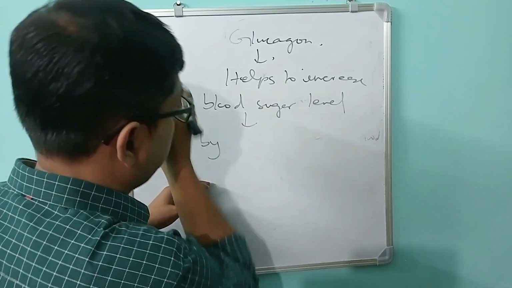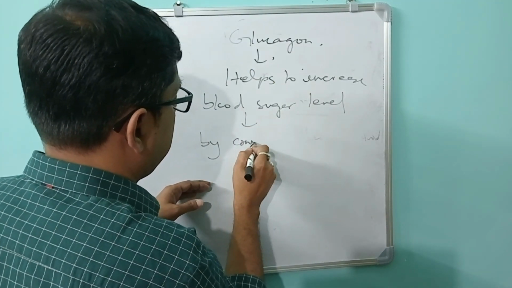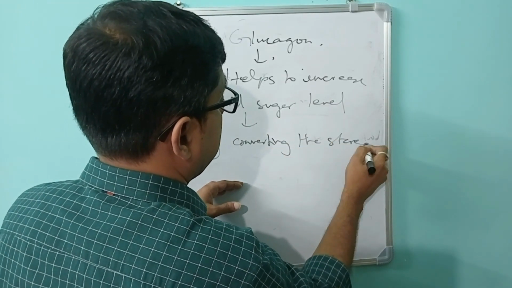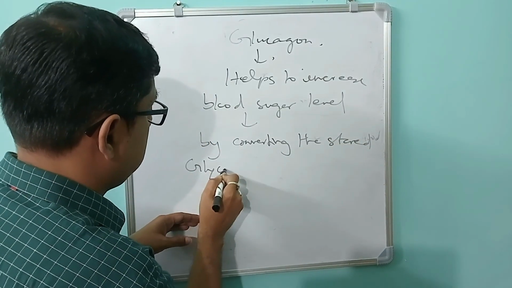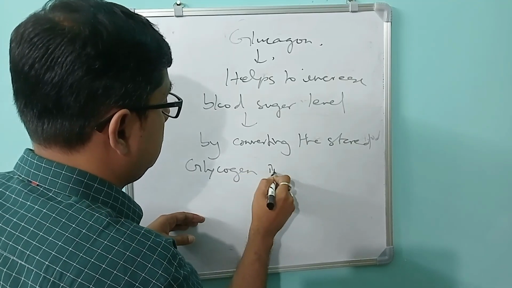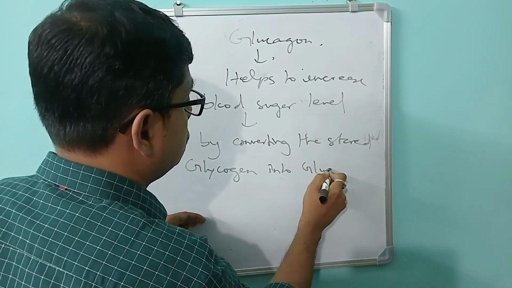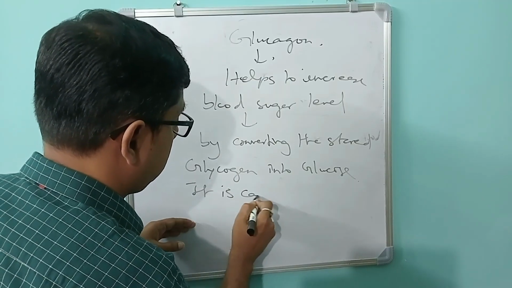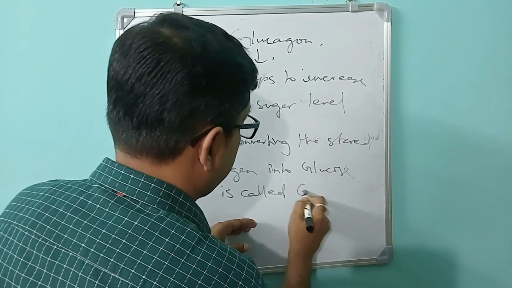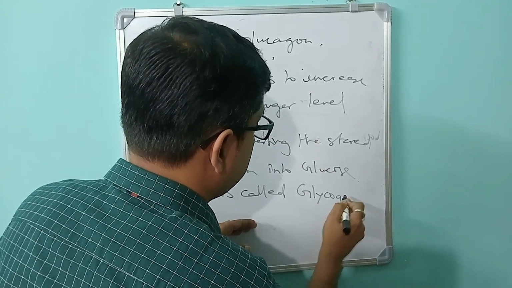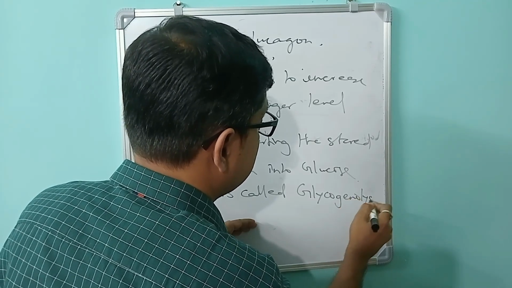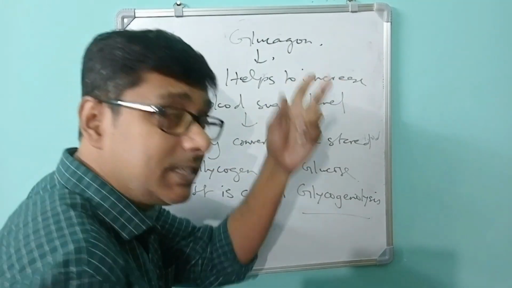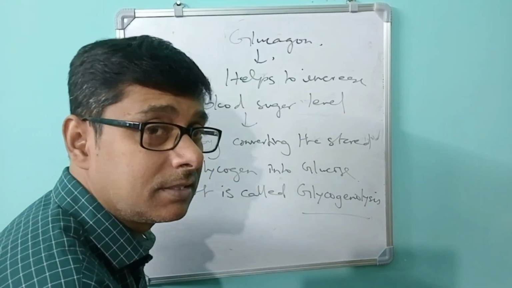By converting the stored glycogen into glucose. It is called glycogenolysis. That is the breakdown of glycogen to glucose. That was glycogenesis, this is glycogenolysis. Okay?